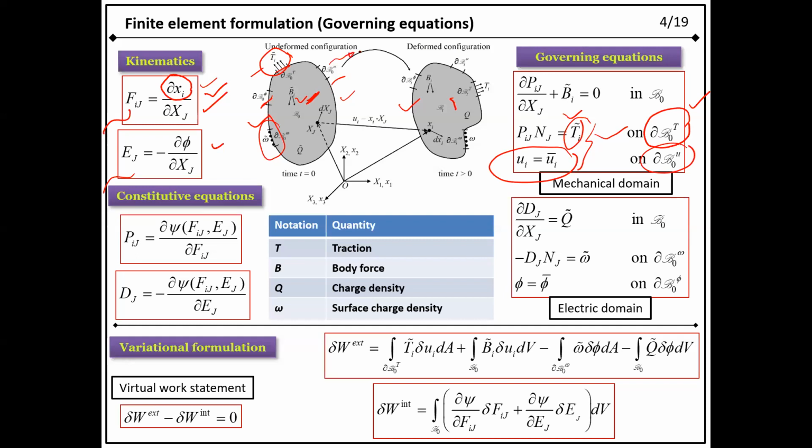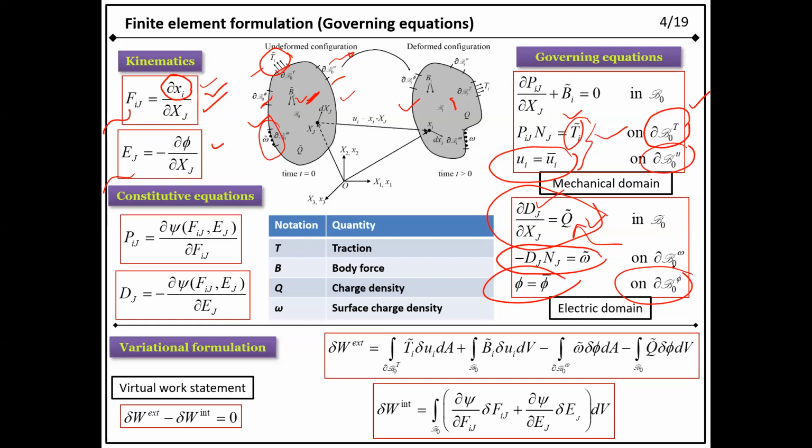Similarly, on the electrical side, this is nothing but the Gauss law. This is the governing equation, where D is the electric displacement and Q is the charge density. These are the boundary conditions where we define the surface charge, or on this boundary, let's say del omega phi, we apply the potential difference.